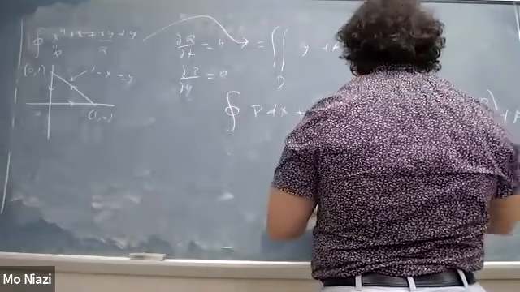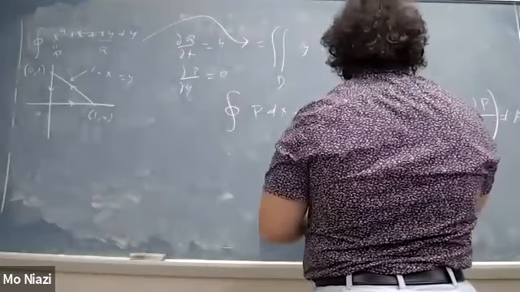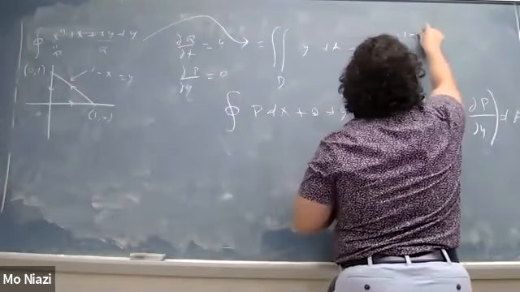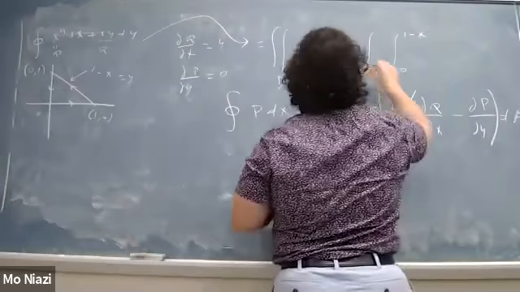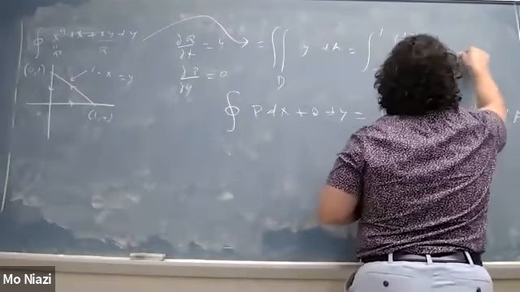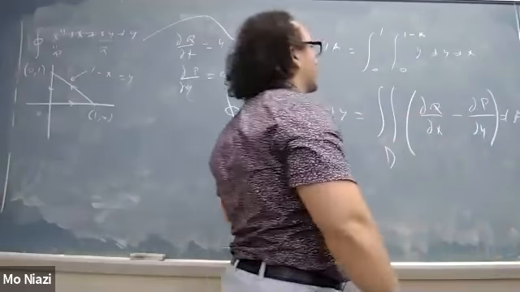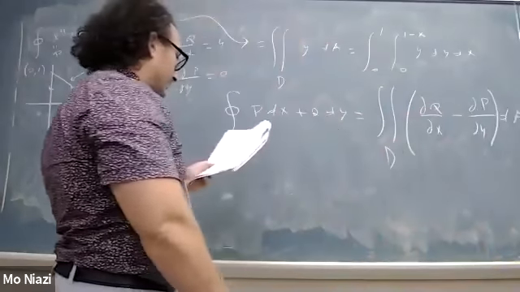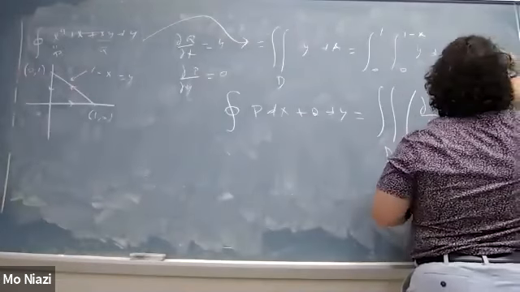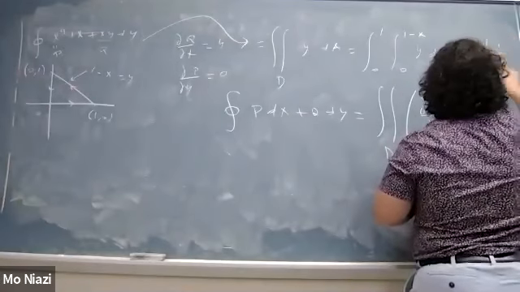For y, it ranges from 0 to y equals 1 minus x. And for x, it ranges from 0 to 1. And you're just integrating y, dy dx. That is as simple as it gets. Once you do the integral, this ends up equaling 1 over 6.